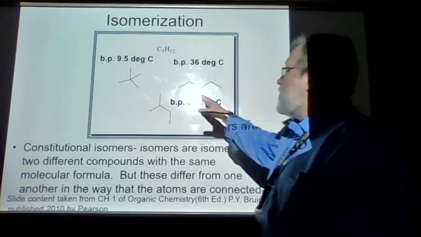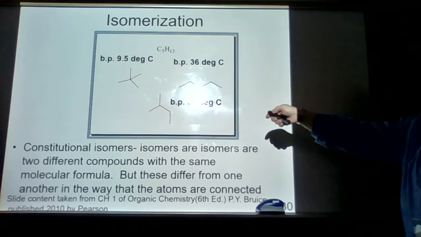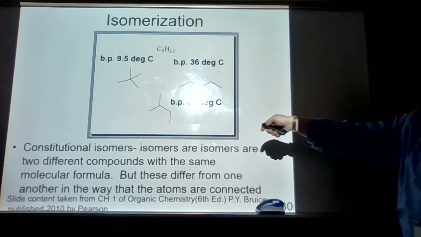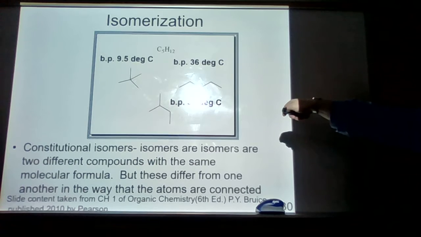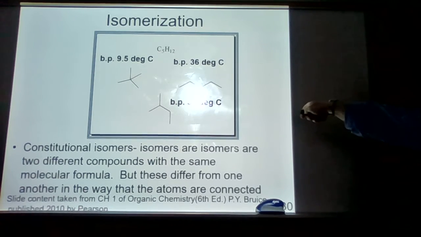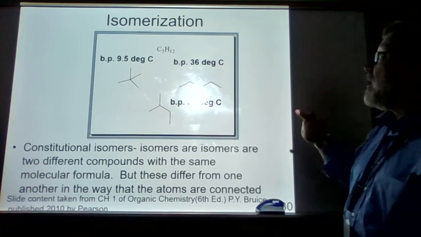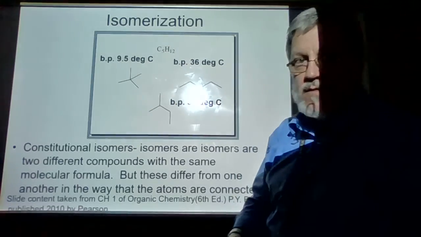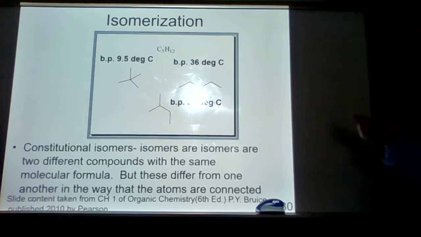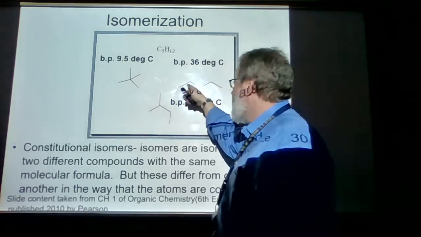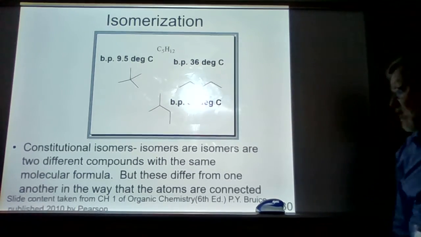So these all have the same molecular formula, C5H12, but the molecular connectivity within the molecule is different here than it is here than it is here. These are all different compounds. They have different melting points, different boiling points. The connectivity between the carbon atoms amongst all these 3 is different. These are constitutional isomers.